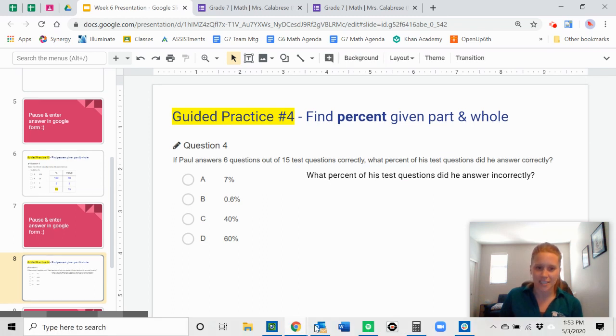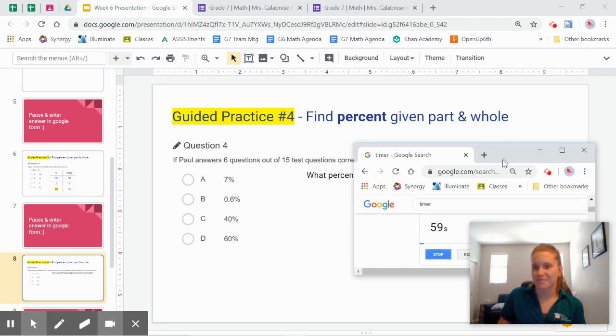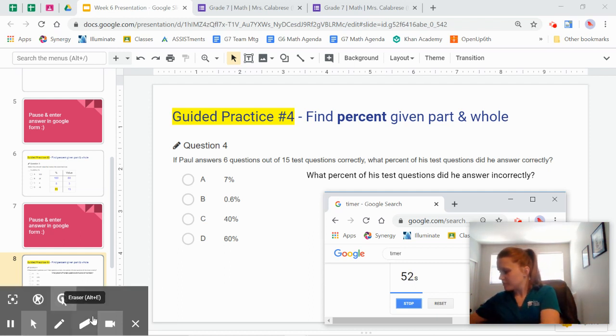Okay, so I'm going to give you a minute to go ahead and try this one on your own. Time starts now. Because you're finding the percent on this question, it means you have the whole.